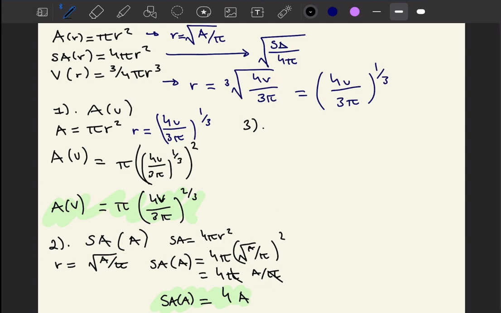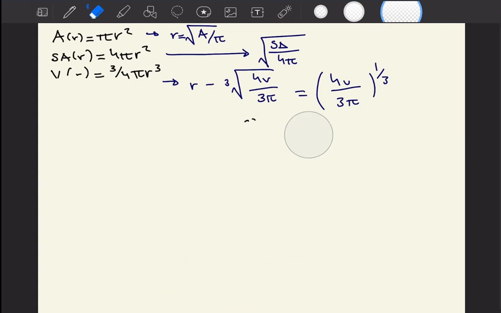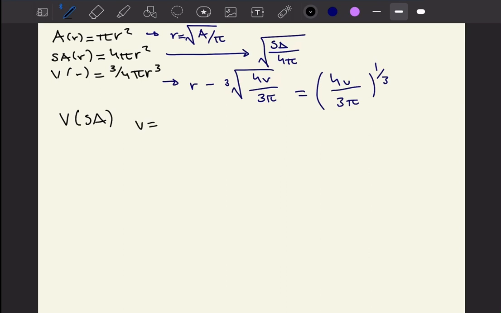This one is expressing volume in terms of the surface area. I'm just going to clean this up over here. I hope you got it all down. So what is volume? Volume by itself is 3 over 4 pi r cubed, right?